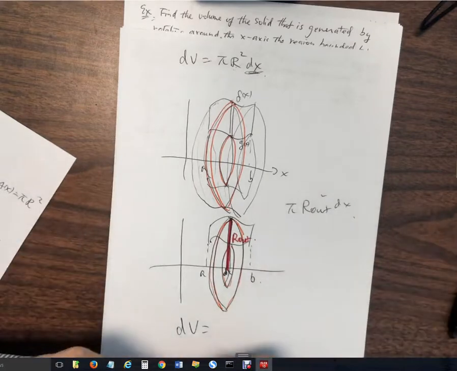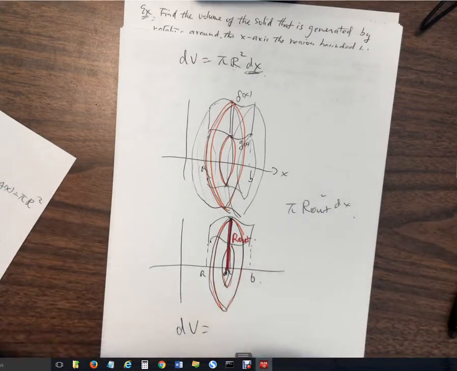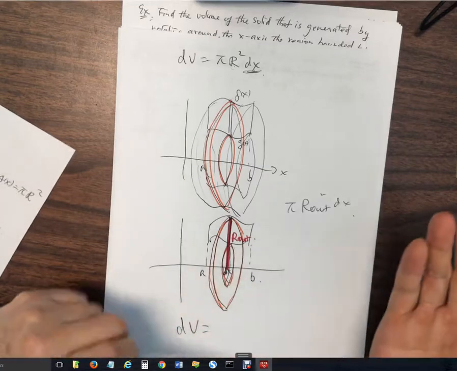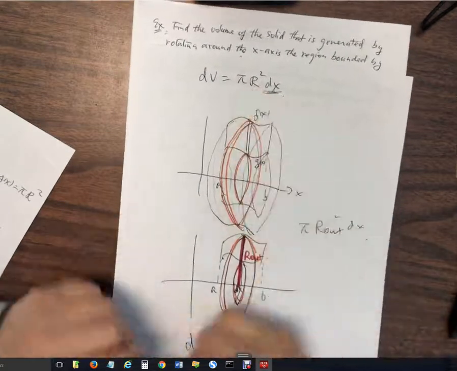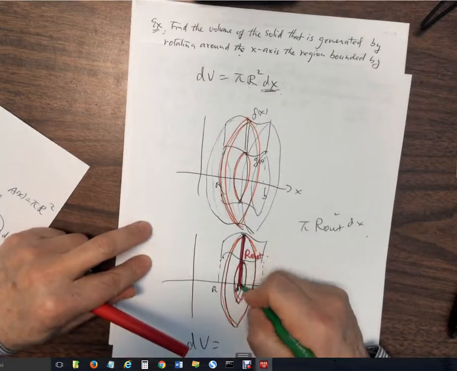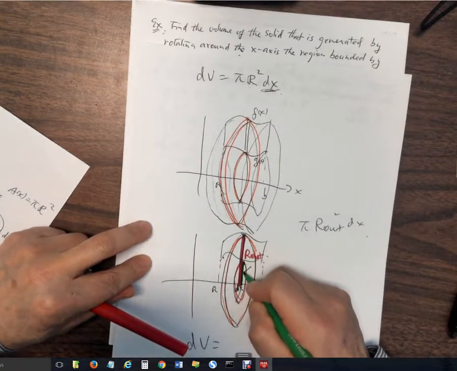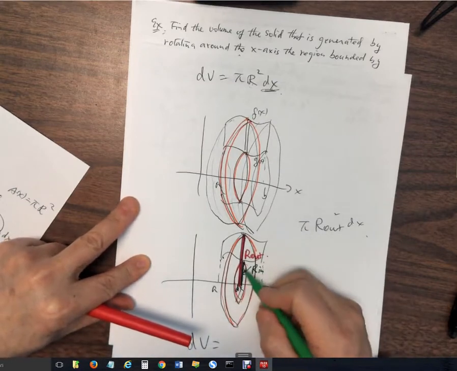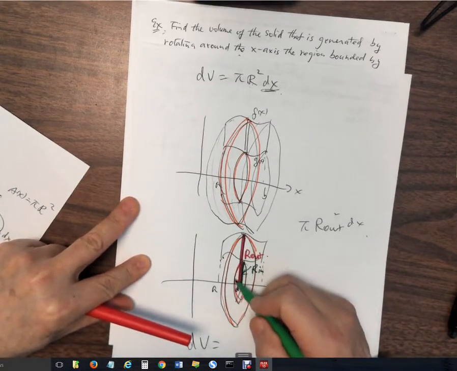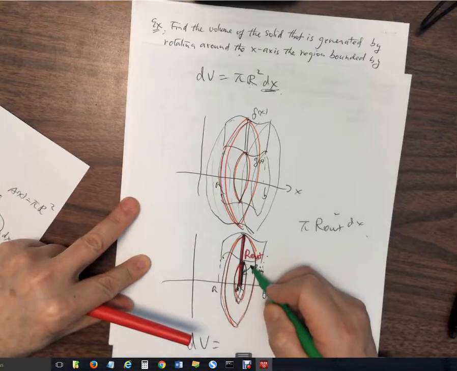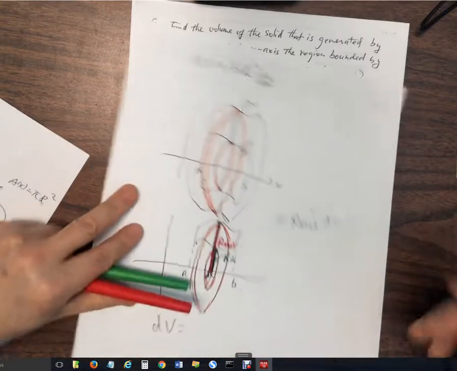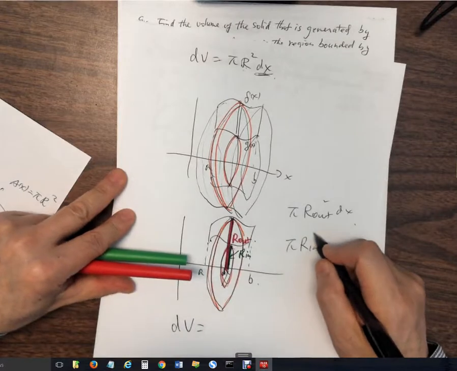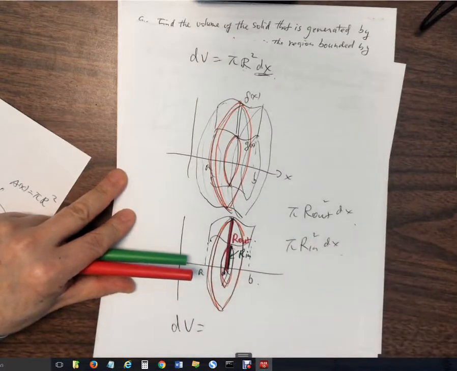While the volume of the smaller disk, again disk, so we're going to use the same formula, but the radius is shorter, called r in, because that's the radius of the inner circle. All right, based on the formula, we again have r in squared dx.